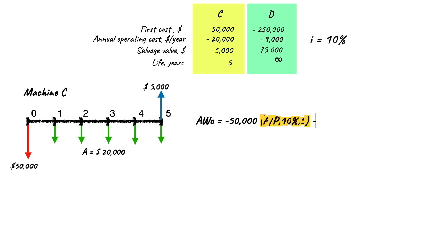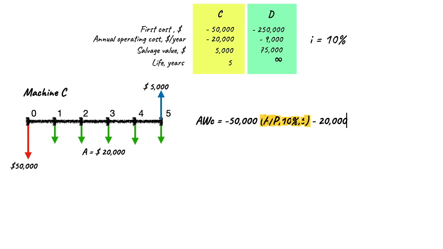Remember the negative sign because it is pointed downwards. The interest rate is 10% and the year is 5. Then let's move on to the green line, which is the annual series of negative $20,000. Do you need to multiply it with any conversion factor? No need, because it is already in an annual series.